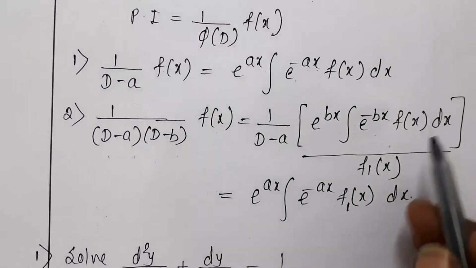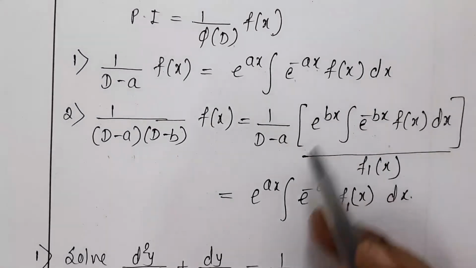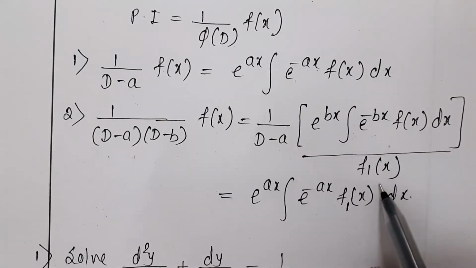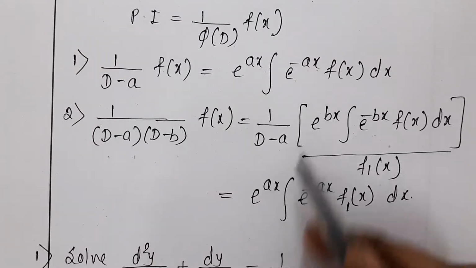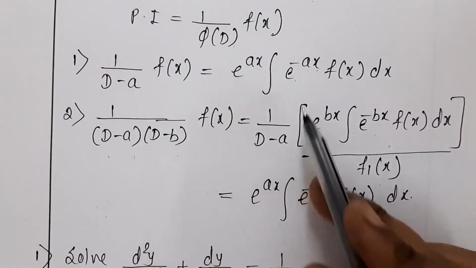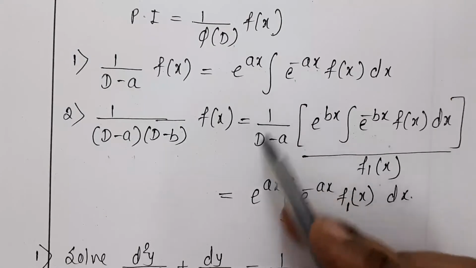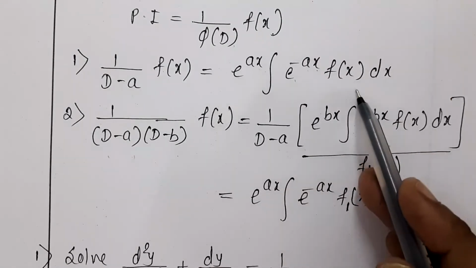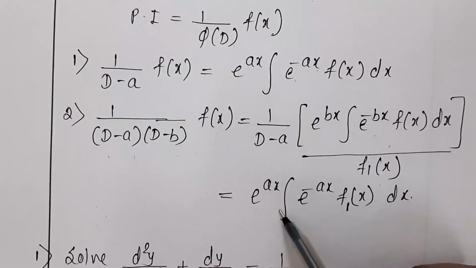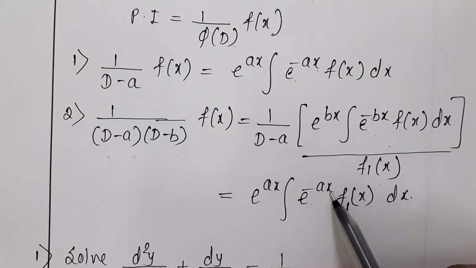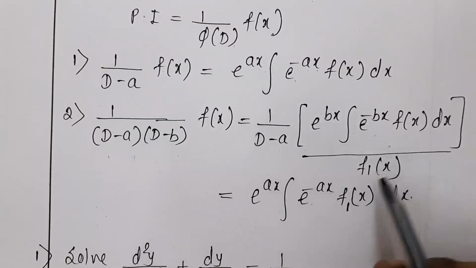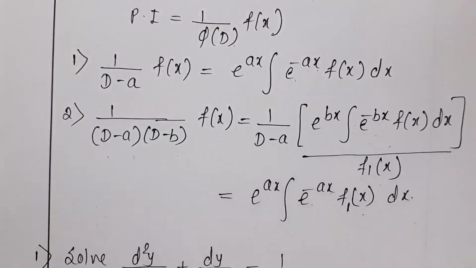Now if after simplification the answer of this bracket is f1 of x, then operate the second operator 1 upon D minus a, again using the same formula: e to the power ax into integration of e to the power minus ax multiplied by f1 of x into dx.